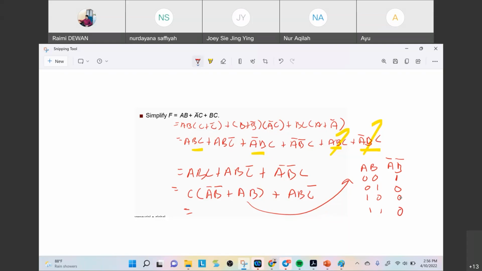Wait. Am I missing something? Okay. So if you see this, if we have AB, this 0, it will result in a 1. If you have AB 1, it will result in a 0.